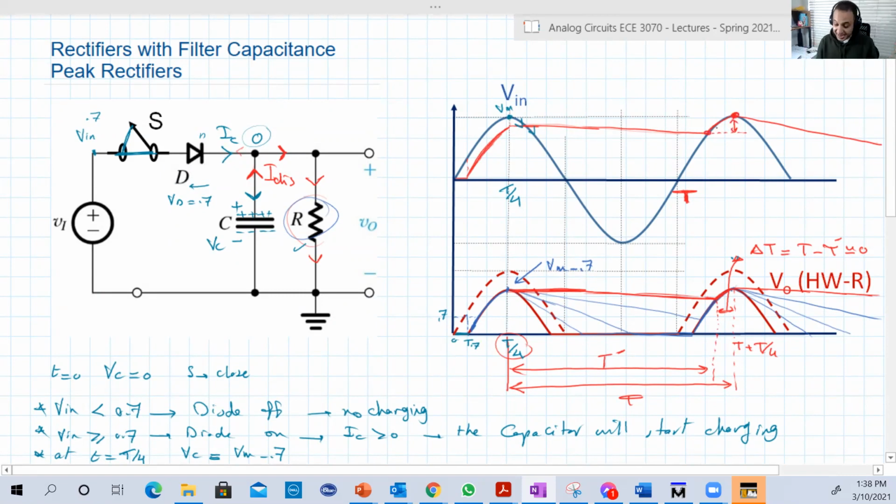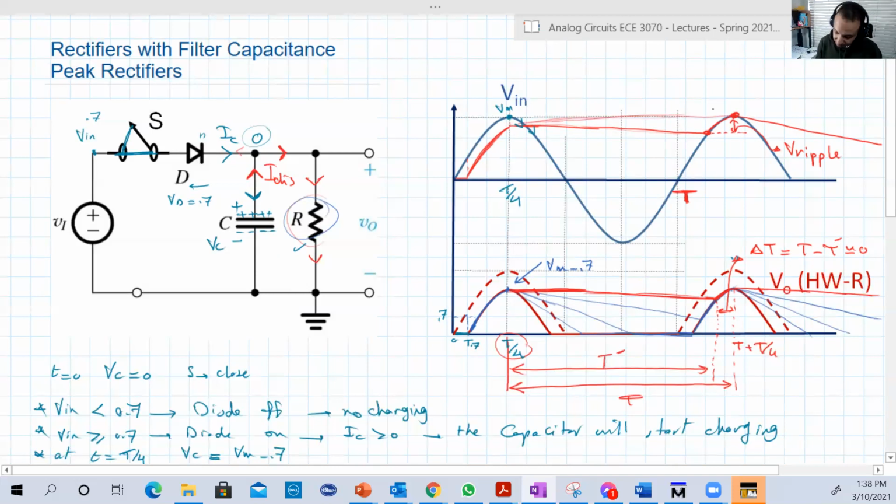Let's call this difference delta V or V ripple, peak to peak basically. If this difference is very small, that means we succeed in reducing the fluctuation more and more. Actually, if you have here an infinite resistance, open circuit, then you will have something like this. There will be no fluctuations at all.